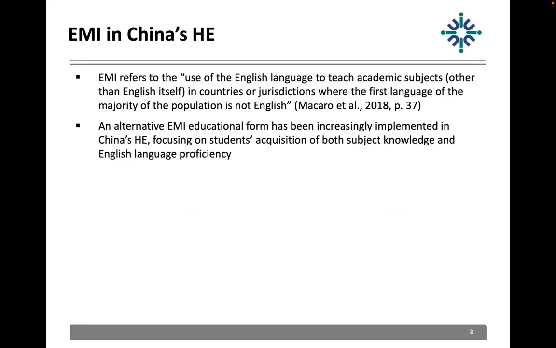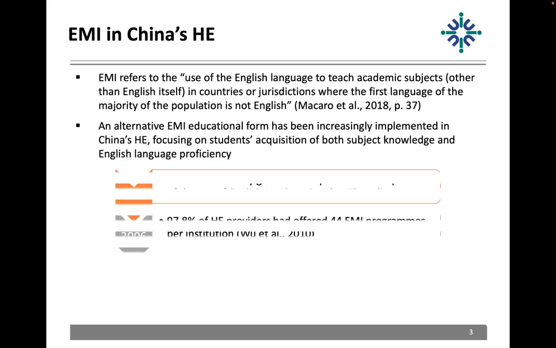So over the past 40 years, English has become very important in the educational system in China. And in response to cultivating global talents, an alternative EMI educational form has been increasingly implemented in China's higher education, which focuses on the students' acquisition of both subject knowledge and also English language proficiency.